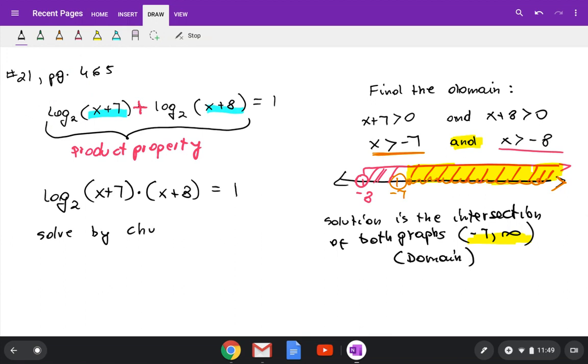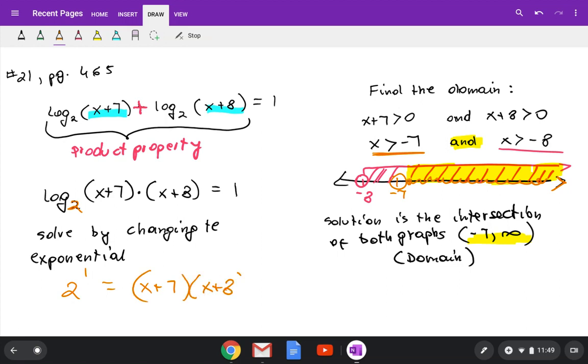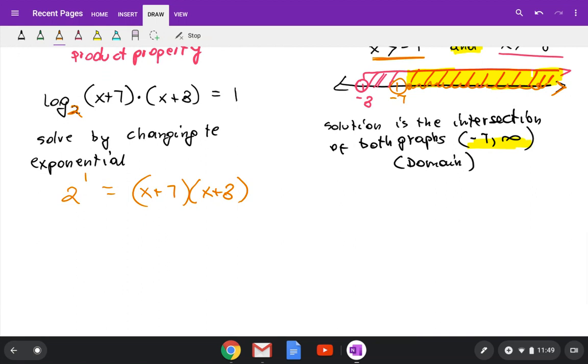Solve by changing to exponential. Okay, so the base of my log, 2, to the power of 1 has to be equal to x plus 7 times x plus 8. So let me just rewrite. X plus 7 times x plus 8 is equal to 2 to the power of 1, which is 2.